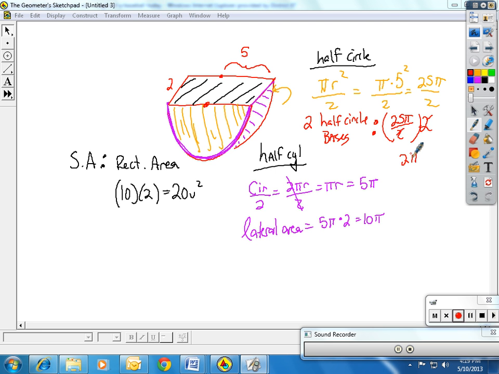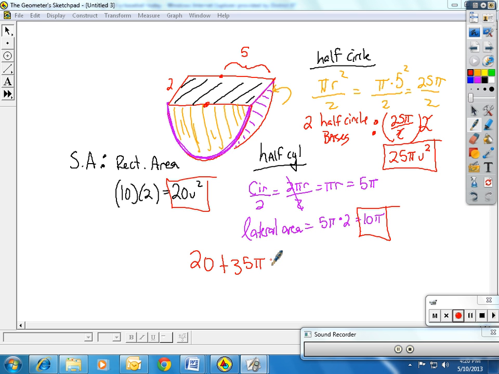Leaves me with 25 pi units squared. So I'm going to add that with my rectangle area there and my lateral purple area there, and add those up to get 20 plus 35 pi units squared.